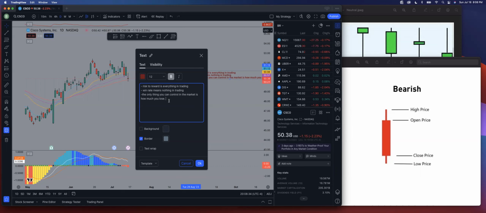Is it going to be a $20 loss? A $100 loss? A $1,000 loss? It all depends on your account size, right? As a rule of thumb, I like to use this: I don't like to lose more than 2% of my account per trade.